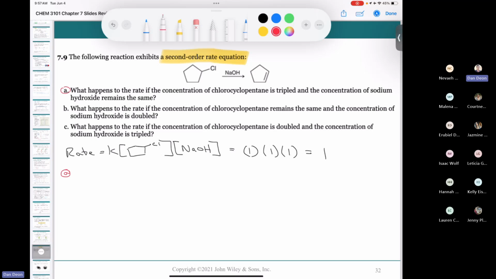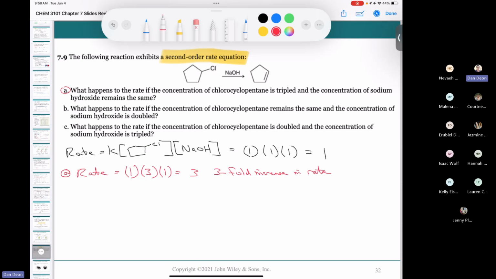But in A, if the chlorocyclopentane is tripled and the sodium hydroxide remains the same, you'd end up with a rate of 1 for your rate constant times 3 for your chlorocyclopentane times 1 for your sodium hydroxide. And again, these are just numbers I'm making up, but you'd end up with a threefold increase in the reaction rate. So we'll put here threefold increase in rate.